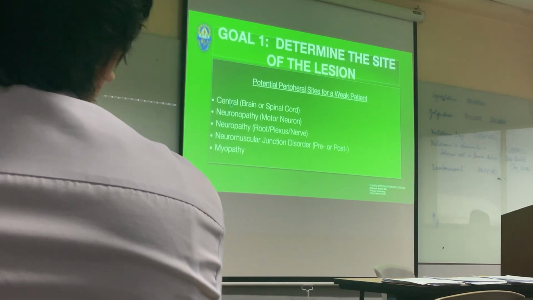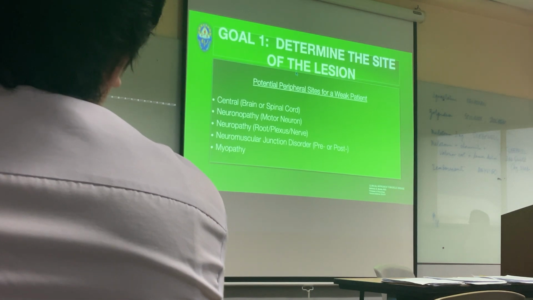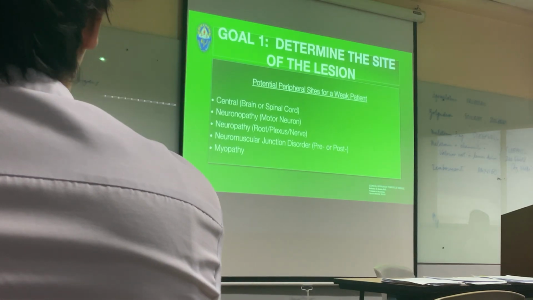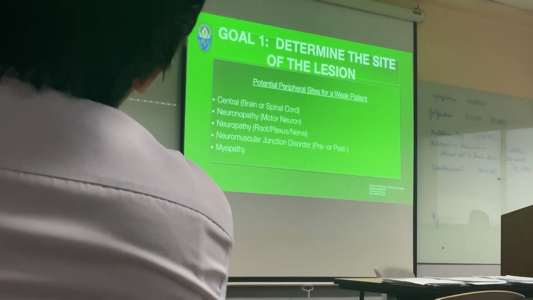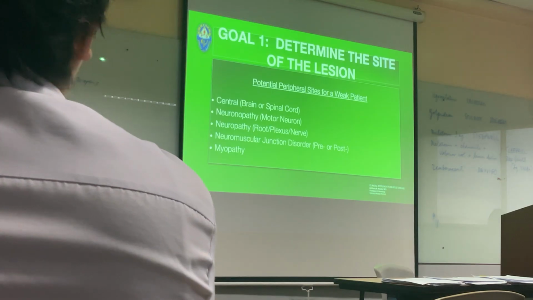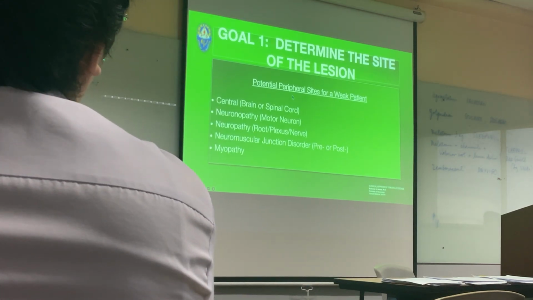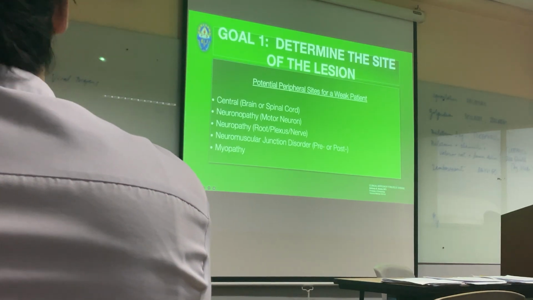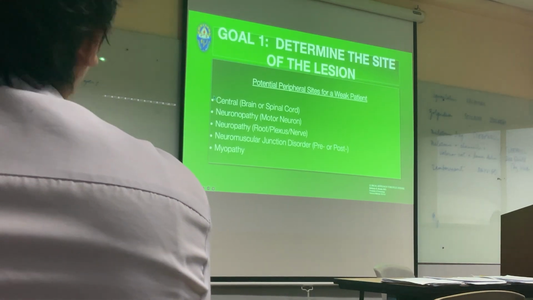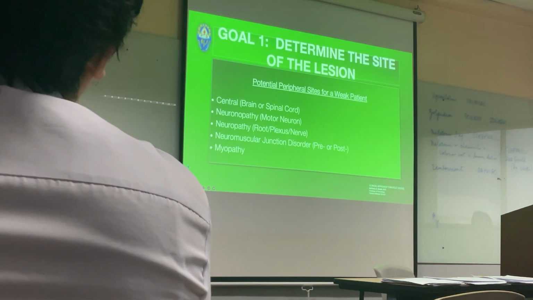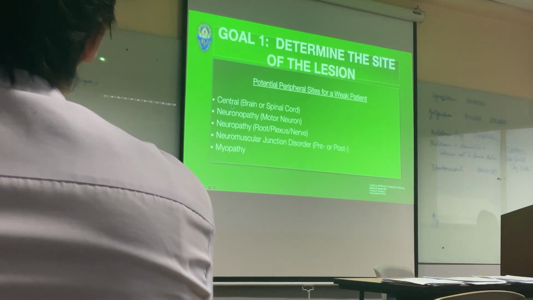Now, obviously, for 1 and 2, when you do the deep tendon reflexes, they're hyperactive. Period. So, when you have a patient who complains of generalized weakness, but there are hyperactive reflexes, you're only looking at 1 or 2.